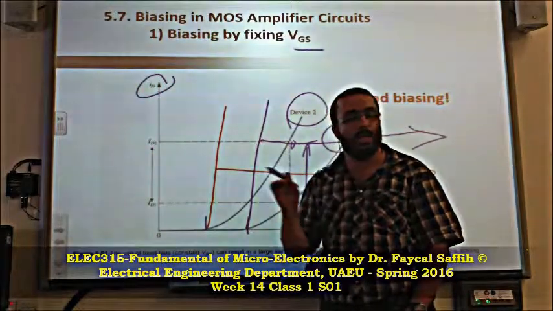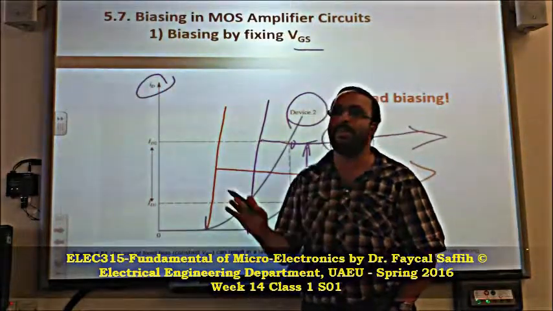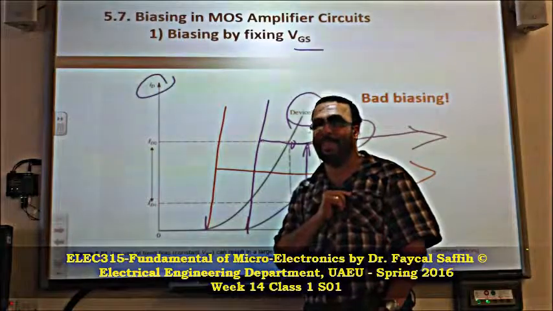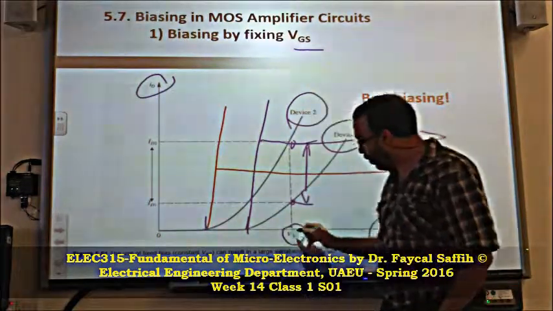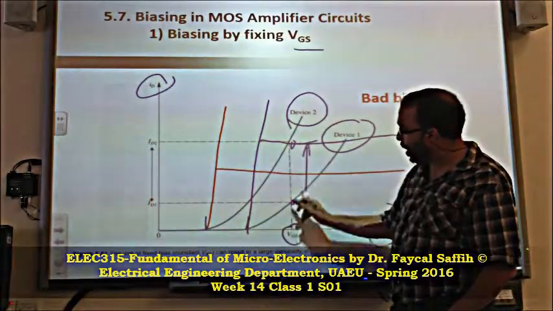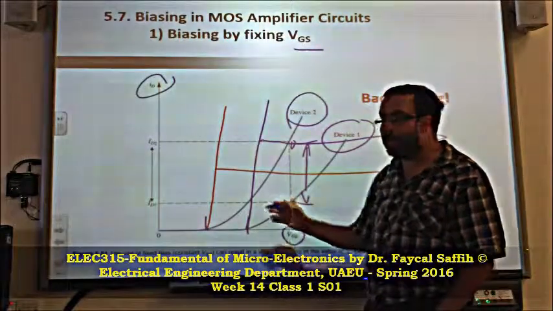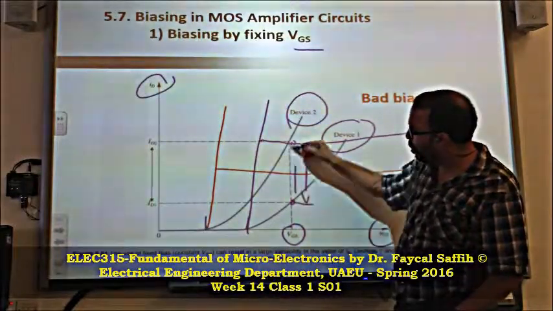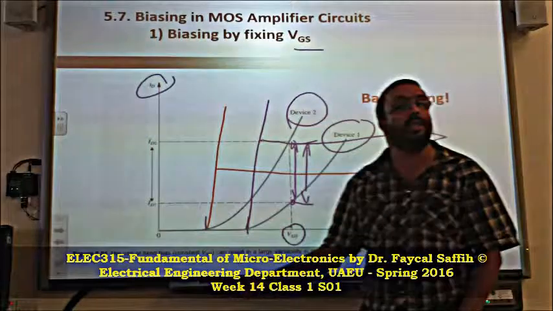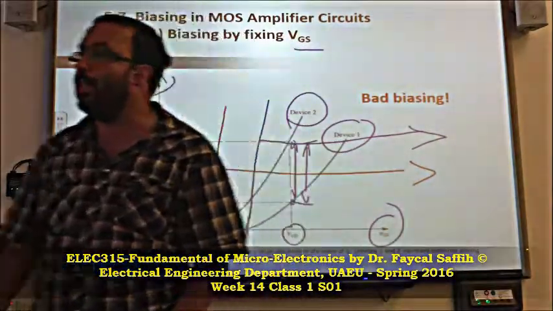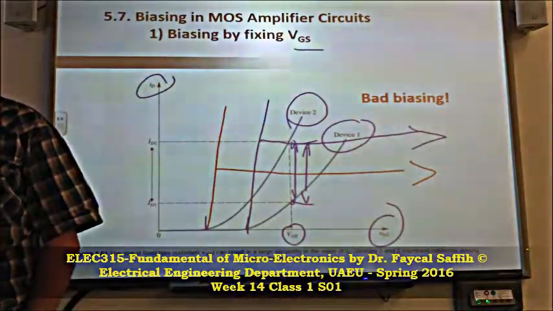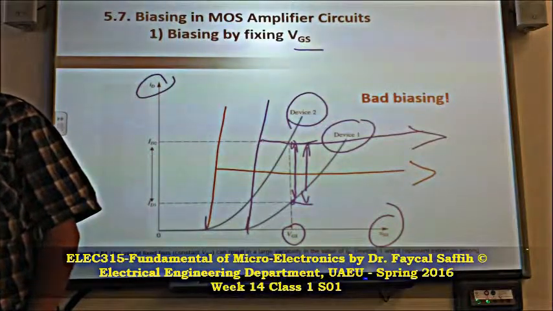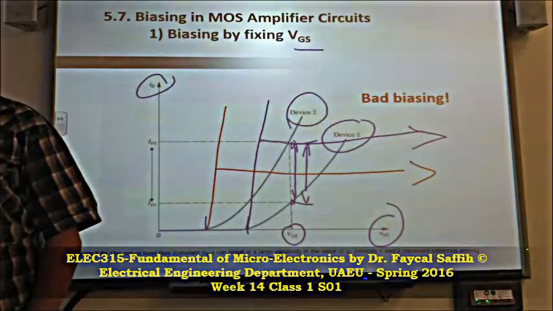Although it can be the same batch, they are not going to be identical. So fixing VGS is not a good idea because we may have variation between devices which leads to huge differences in ID. And the ID determines what? It determines gm. Remember that? gm is equal to what? 2ID over the overdrive.